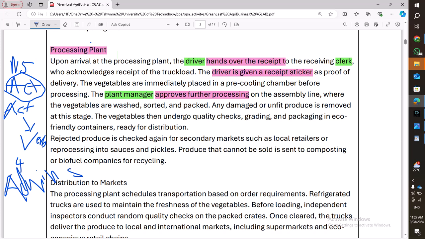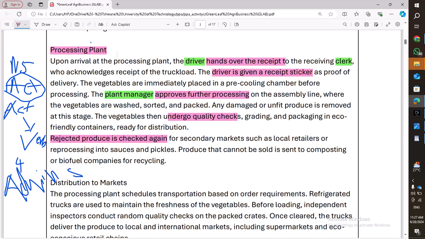So what does the administrator system do? It checks the quality, the fruit quality, and after that it rejects. After it checks again, it will reject the fruit, then it checks again for a secondary market.